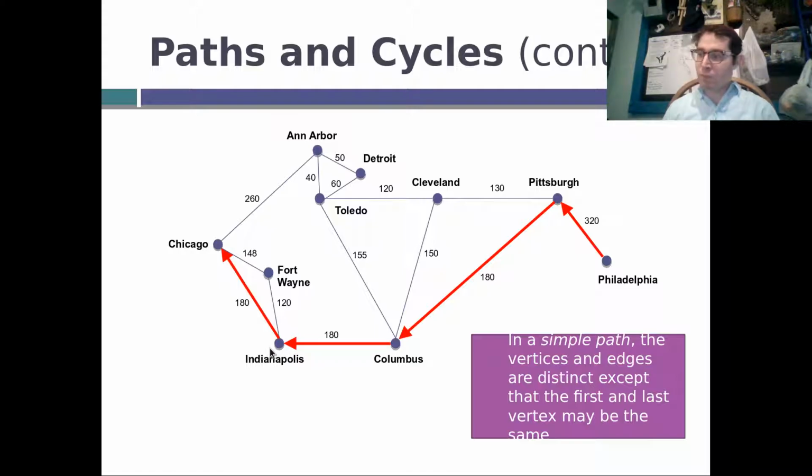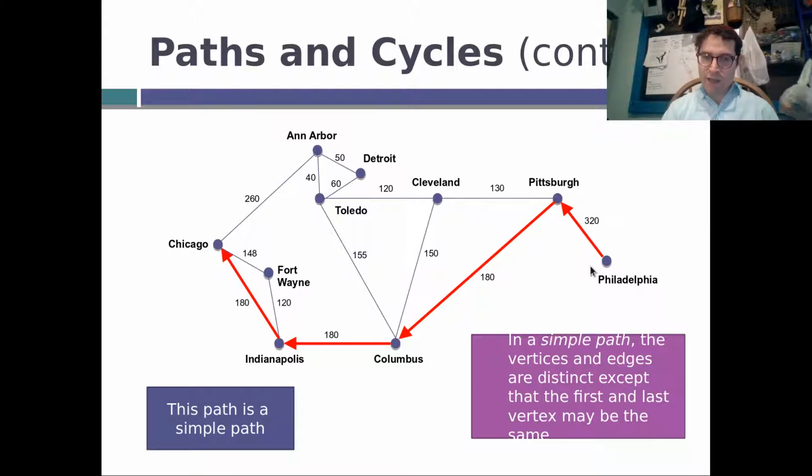Well, a lot of times what we care about are simple paths, where basically the first and last vertices are the only things that can possibly be the same. So, for instance, if we were doing a grand tour or something. But in a simple path, everything is distinct. Philadelphia, Pittsburgh, Columbus, Indianapolis, Chicago are all distinct, right? That's a simple path. This is not a simple path.